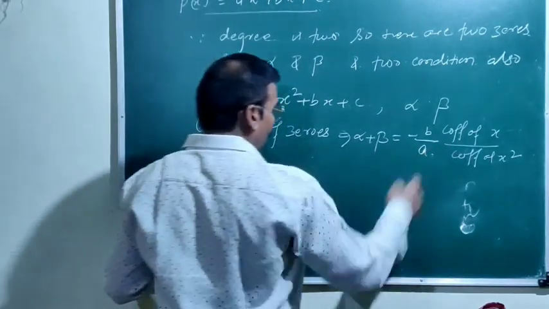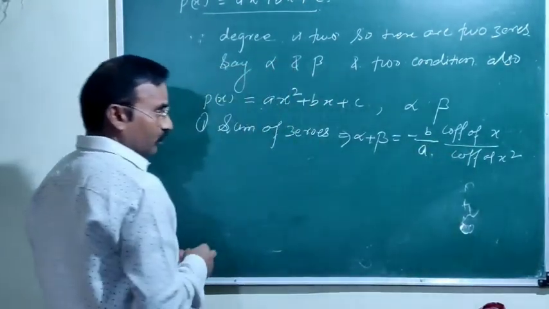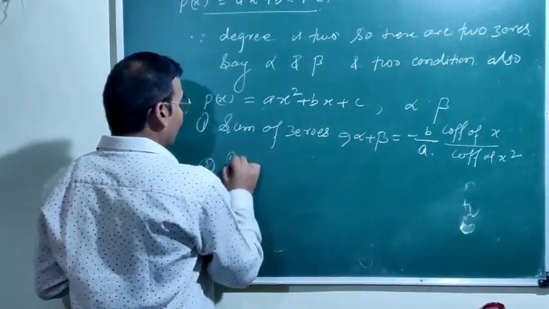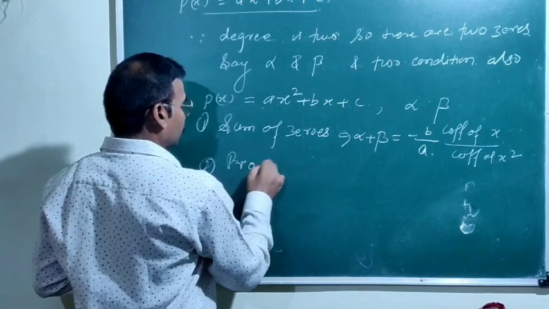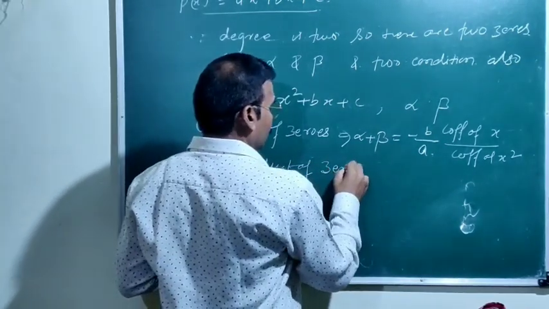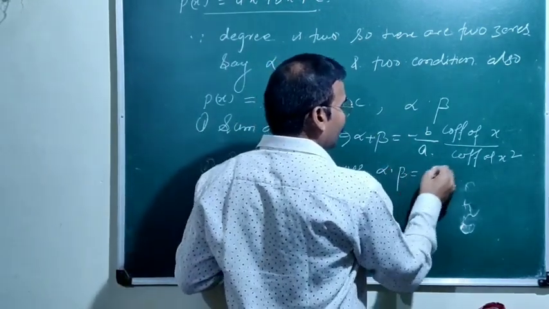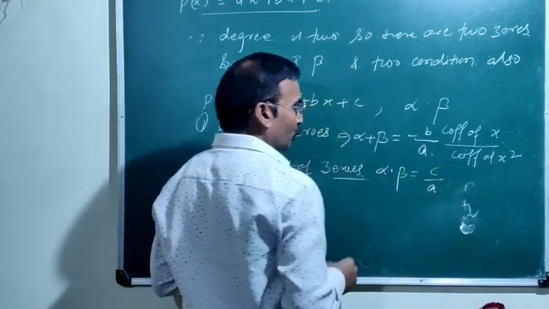So alpha plus beta equals minus b upon a, the coefficient of x divided by the coefficient of x square. Second, the product of the zeros, alpha into beta, is c upon a. And what is c of the polynomial?